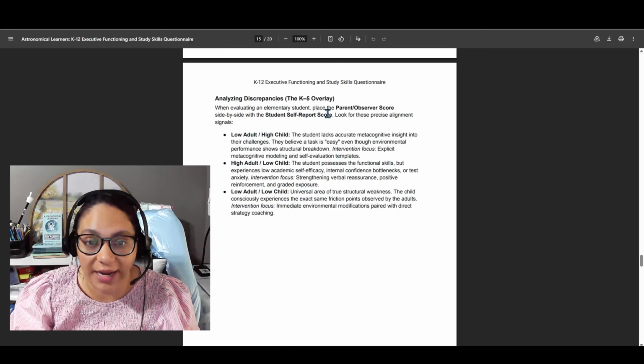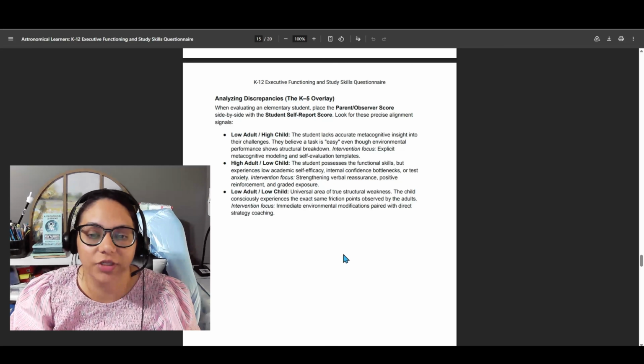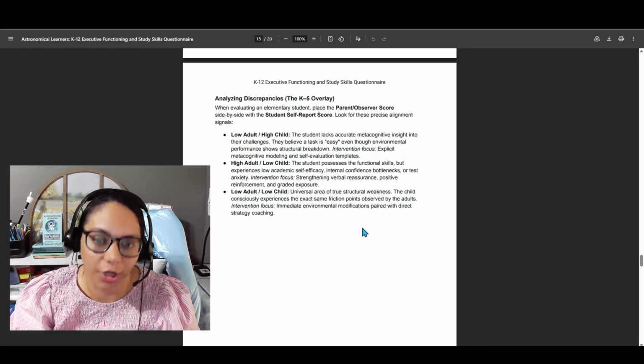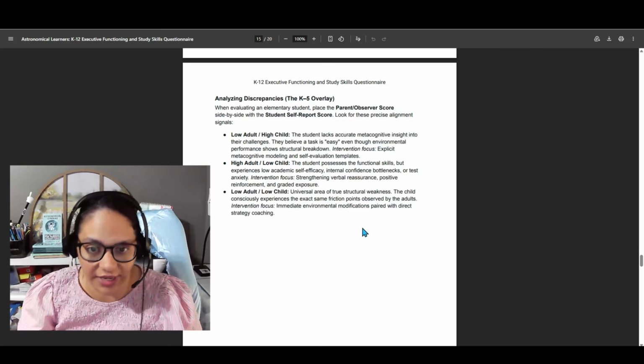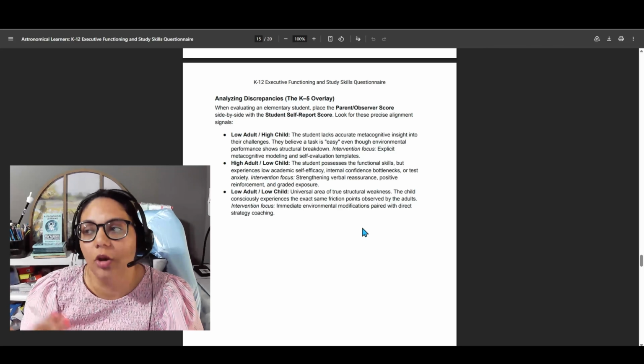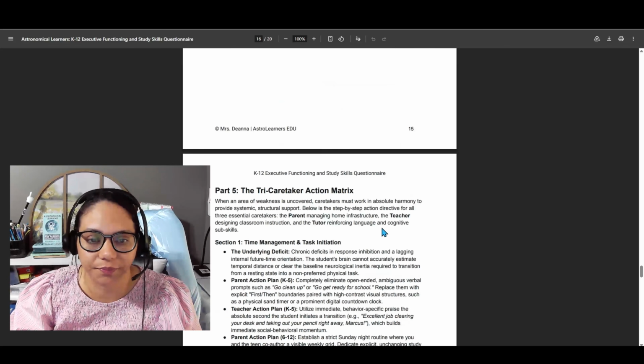If you have a high discrepancy, if you have a low adult score and a high child score, this is going to guide you on how to handle that, or a high adult score and a low child score. This is kind of to accept that bias may occur because, to be honest, a parent or a tutor that's invested is going to be different than a teacher or a psychologist or somebody who's more of an outside observer.